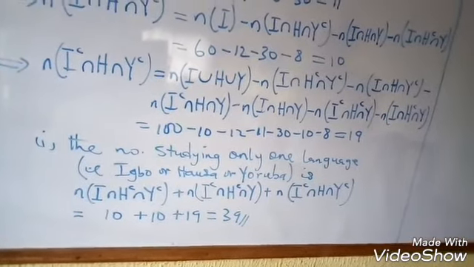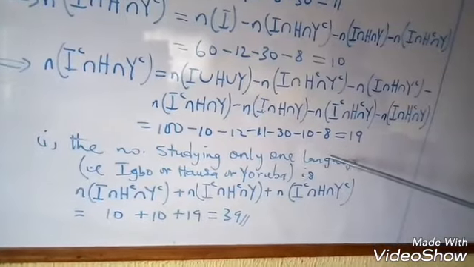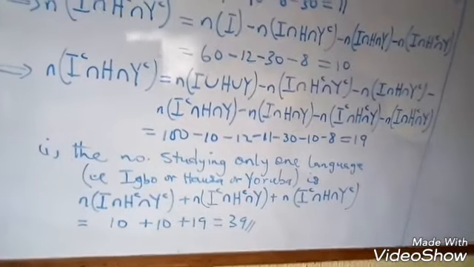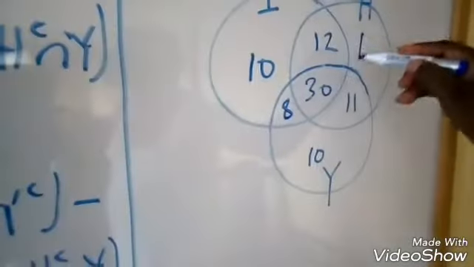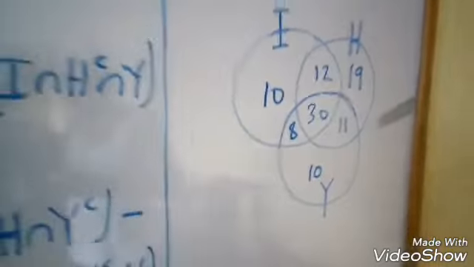That gives us 100 minus 10 minus 12 minus 11 minus 30 minus 10 minus 8. Like I said earlier, that will give us 19. So here is 19.